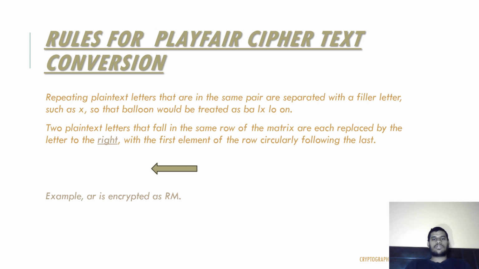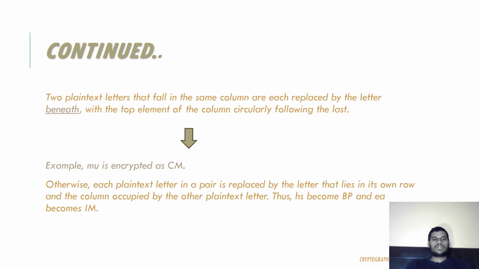Two plain text letters that fall in the same row of the matrix are each replaced by the letter to the right, with the first element of the row circularly following the last. Example: AR is encrypted as RM. Two plain text letters that fall in the same column are replaced by the letter beneath, with the top element of the column circularly following the last.